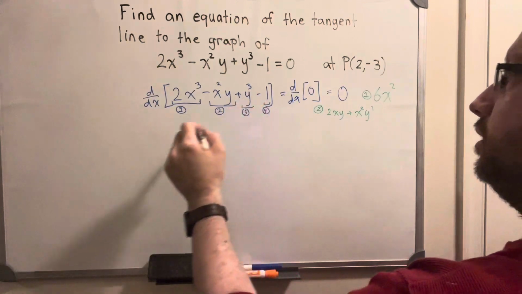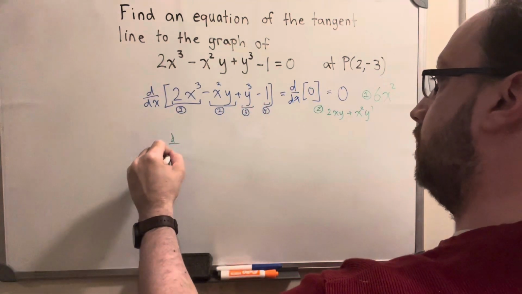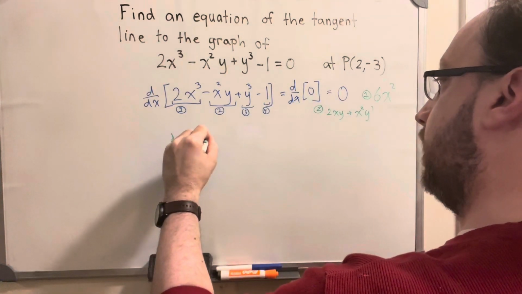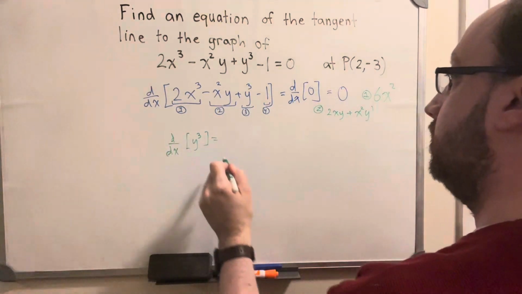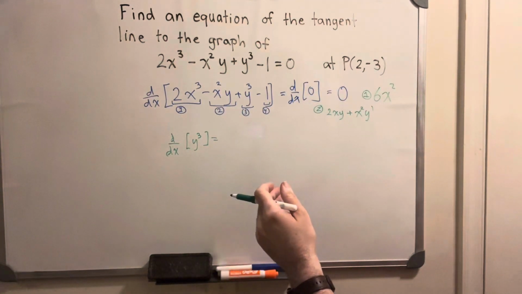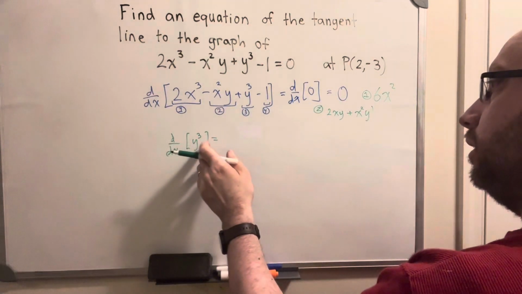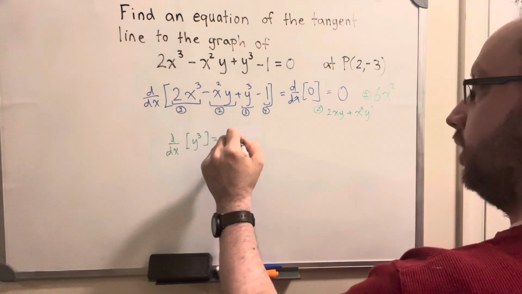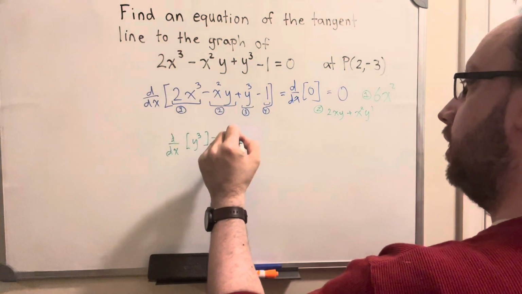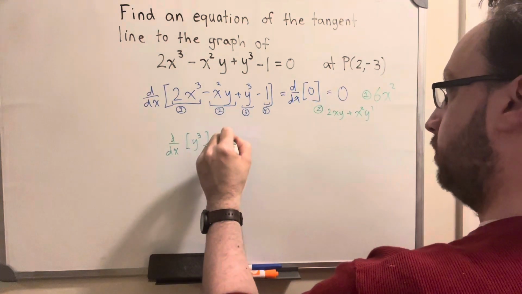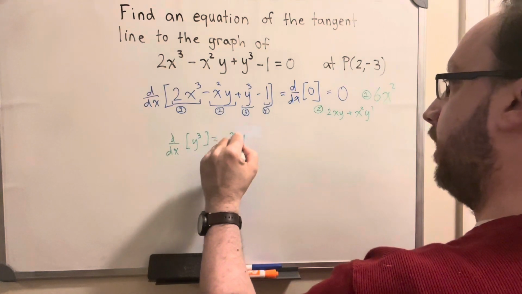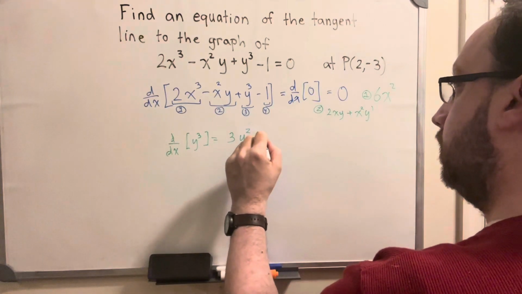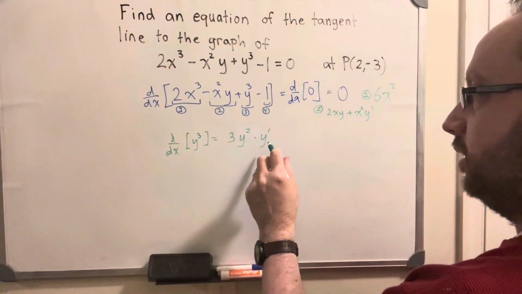How about this? What's the derivative with respect to x of y cubed? Now this is like a chain rule. What is the derivative of y cubed? Well, we've got the power rule. We're doing 3y squared, but then we have to do the y prime.